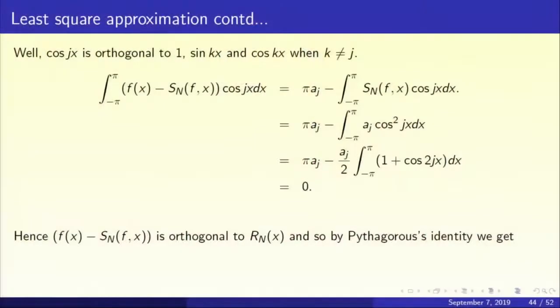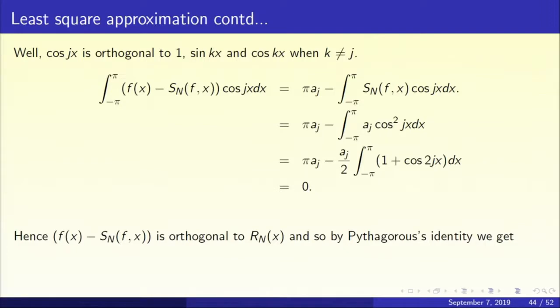So let us now begin. cos jx is orthogonal to 1, sin kx and cos kx when k is not equal to j. So let us now calculate the inner product of f(x) minus Sn f with cos jx. I'll get two terms. One is the integral from minus pi to pi of f(x) cos jx. But what is that?